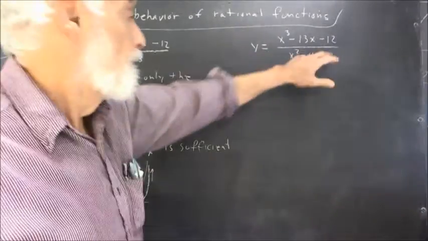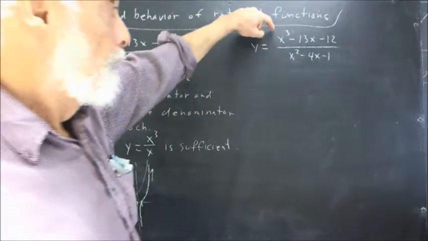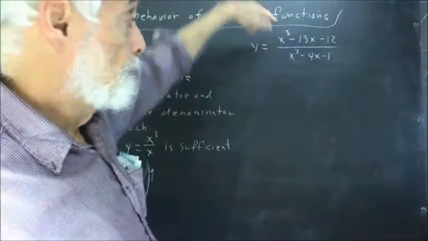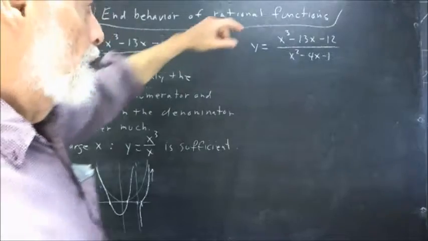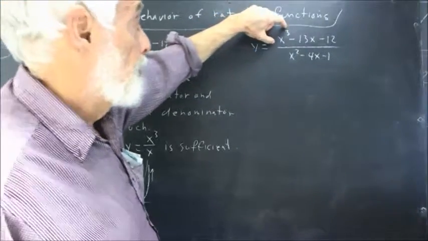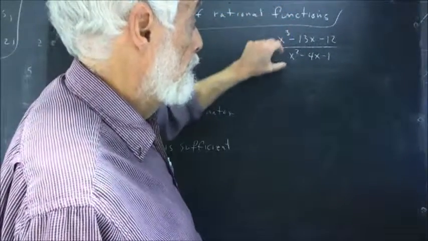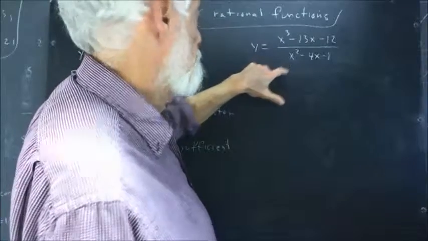Now let's consider this function. We have an x cubed in the numerator and x squared in the denominator. So the top is a polynomial of degree 3, the bottom a polynomial of degree 2.